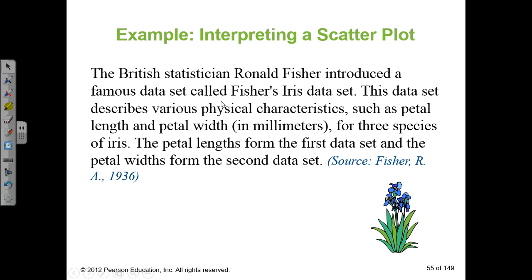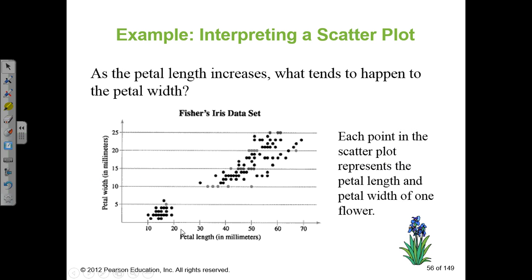Suppose we look at this example and we have iris data, and we're going to be looking at the length of these petals versus the width of the petal. So for each petal, we're taking 2 measurements, one for its length, one for its width, putting them together, and we plot the points. Each of these dots stands for a particular petal that was measured.